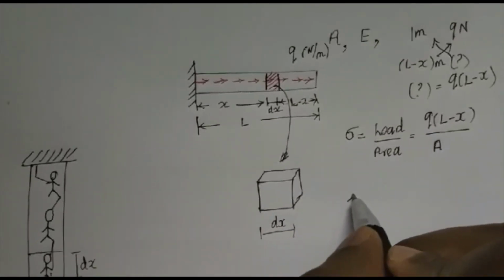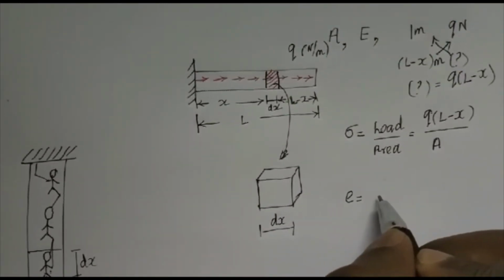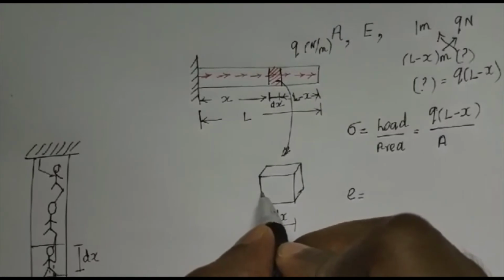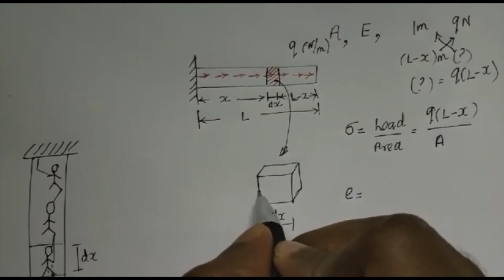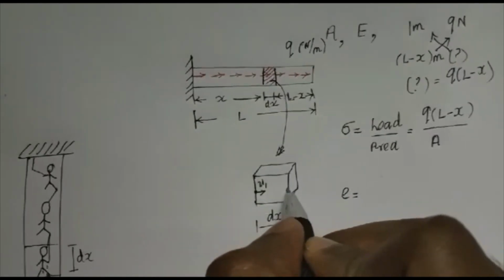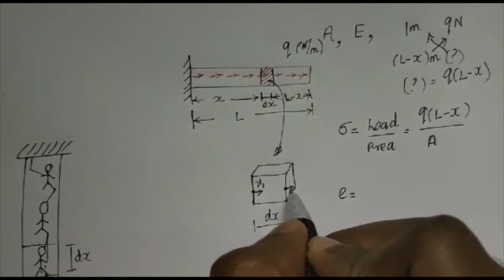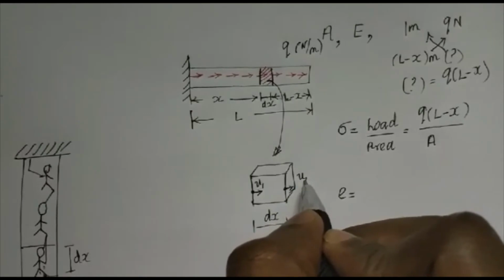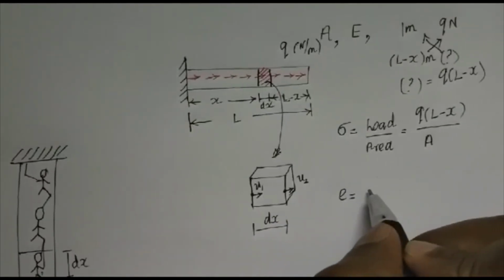Now I'm going to define the strain. Strain is change in length divided by original length. Let us say that this point here is getting displaced along the x direction by an amount u1, and this point here, because of the load acting along the x direction, is getting displaced by an amount u2. Now I can define something called a strain.